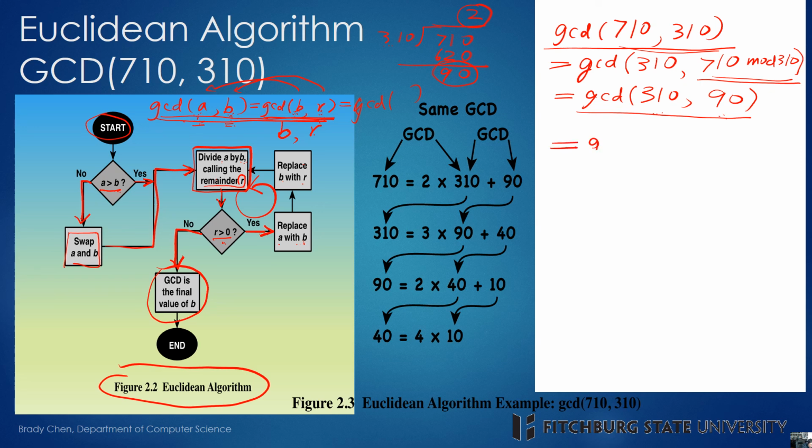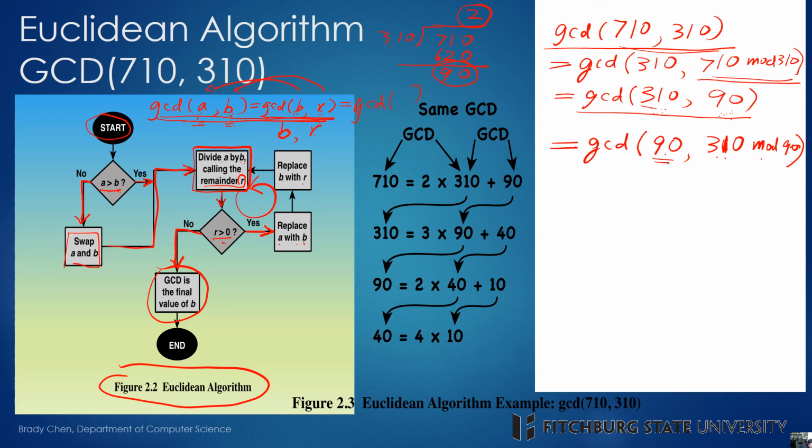The GCD of 310 and 90 can be calculated by changing it to the same problem with smaller scale. Replace 310 with 90, and replace 90 with 310 modulo 90.